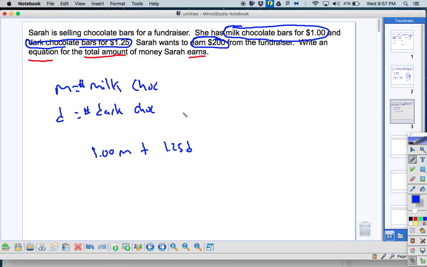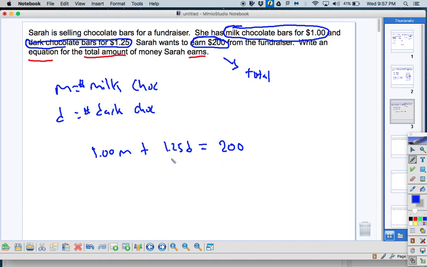Now, what's different here is now I have this extra information about how much it earns. Well, this is a fancy way in math of just saying this is our total. So if I add these up and I put an equal sign here, I would get the total, but it wouldn't just say total. I actually know what this is. So instead of writing total, we're going to put the total that we know. And in this case, we want the total to be $200. Okay, now I'm not going to require you put the dollar symbols here.